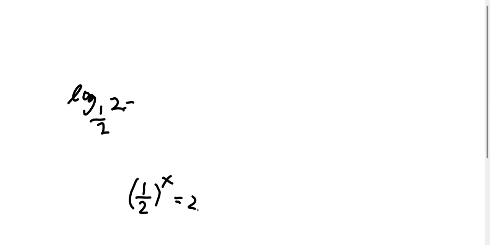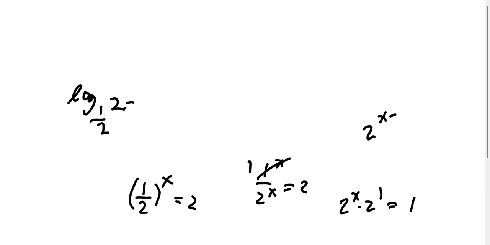First of all, we could distribute the exponent over the fraction, so we can do 1 to the x over 2 to the x, because that's how you distribute the exponents, and this is going to equal 2. Now, 1 to the x just cancels out to 1 in this case. And then we can just multiply by 2 to the x on both sides. So 2 to the x times 2 to the first is going to equal 1. So that means 2 to the x plus 1, given your exponent rules.